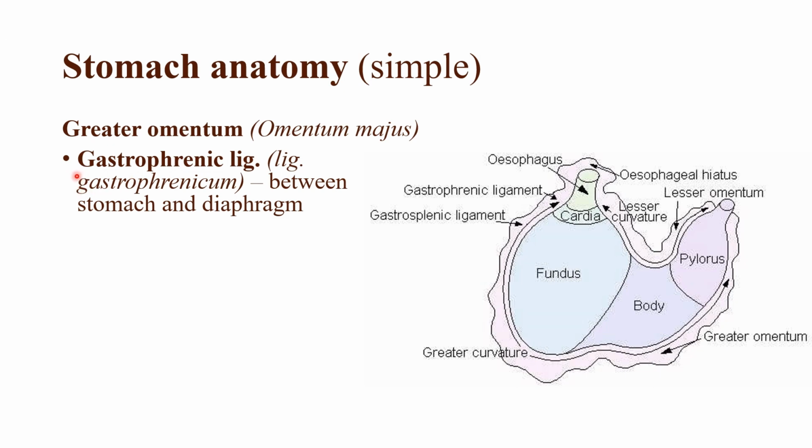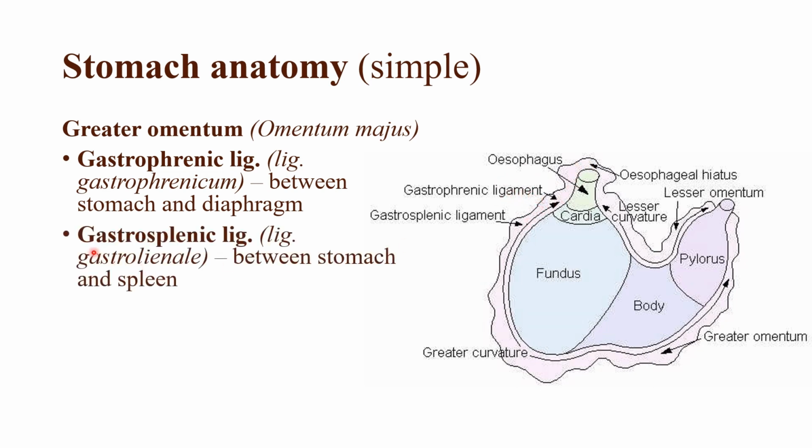So we have the gastrophrenic ligament. So basically a ligament between the stomach and the diaphragm, which is right here, so close to the cardia of the stomach. Then we have the gastrosplenic ligament or ligamentum gastrolienale.